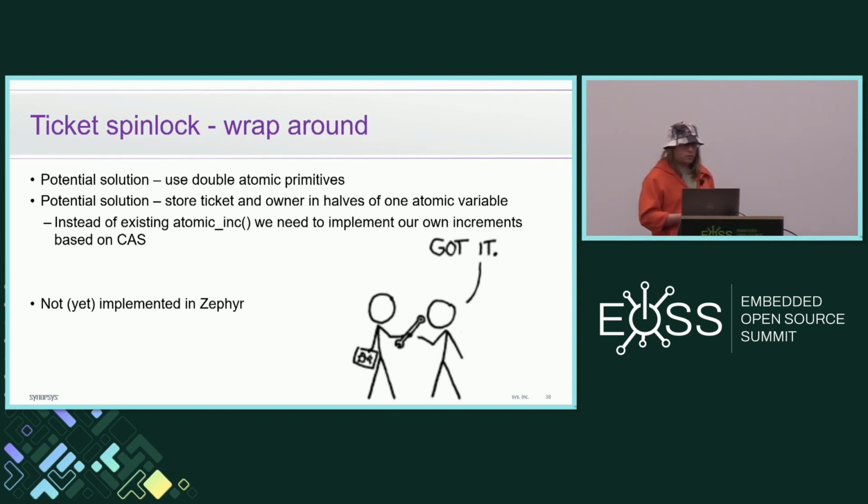Another option would be to store ticket and owner in halves of one atomic variable, so it would be 16 bits for the ticket and 16 bits for the owner. It would be easier, however, we won't be able to use existing atomic increment primitives. We need to implement something based on the compare-and-swap primitive. So it's definitely possible, but for now it's not yet implemented in Zephyr.